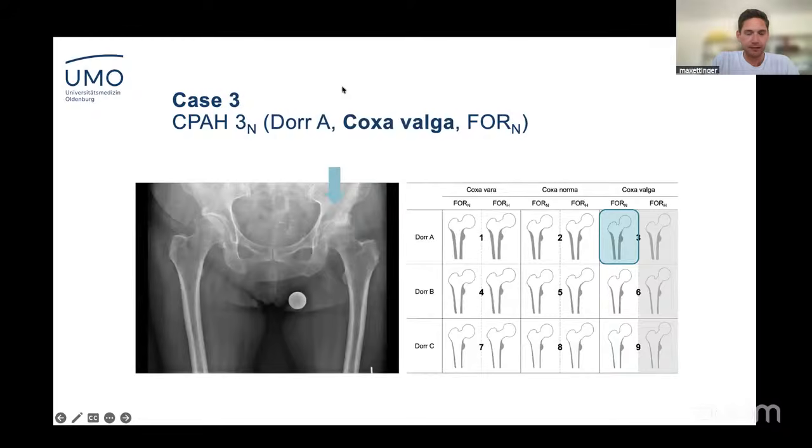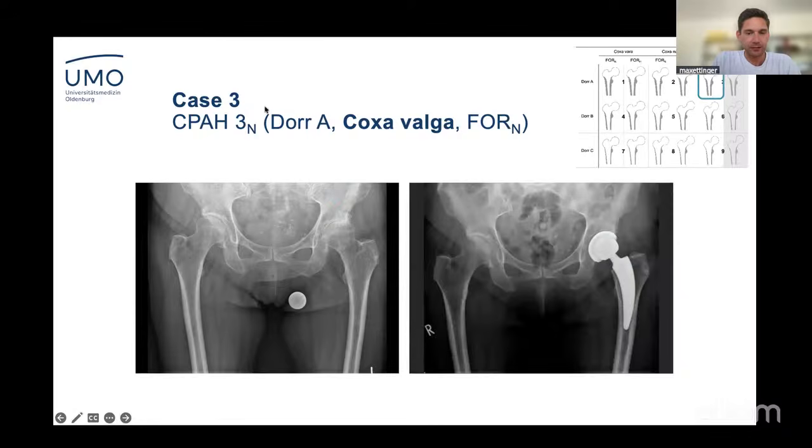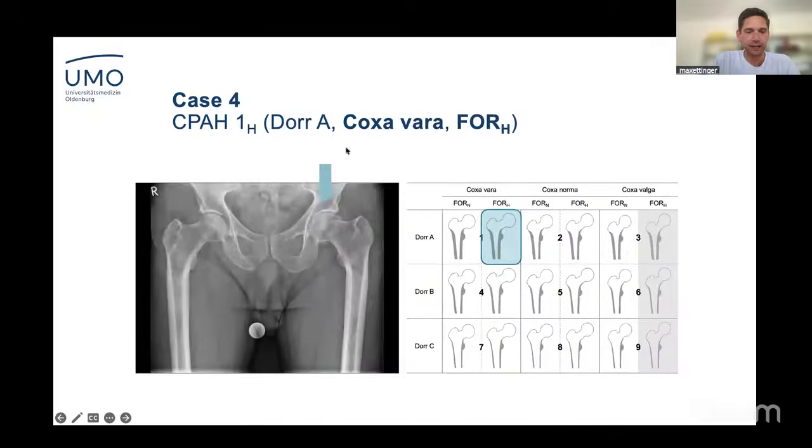Another case, a tougher one: you see door A, so a really thin canal combined with coxa valga and a normal femoral offset. In those cases, you can go what we call fit and fill. So you reconstruct the patient's individual anatomy easily with the calcar guided stem here as well, by playing around with the osteotomy of the neck.